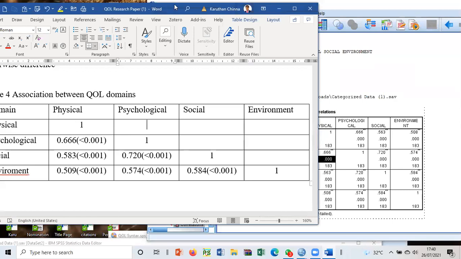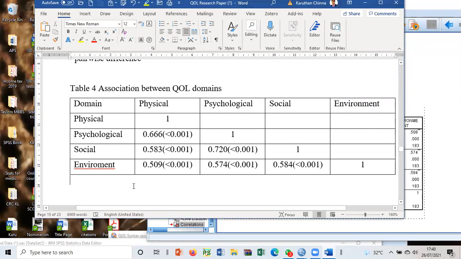Okay. Now how to explain this? Are they all sizable? As shown in table X, pairwise, I emphasize pairwise.